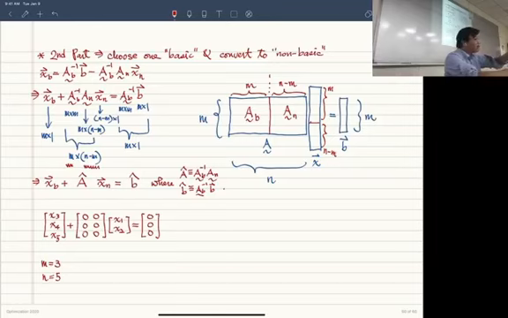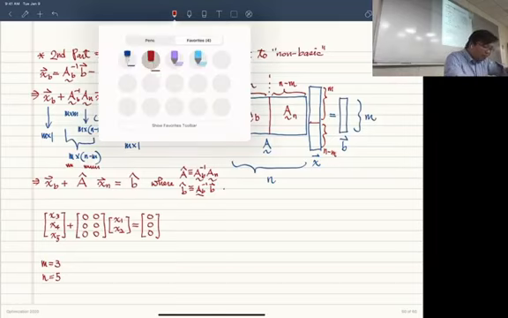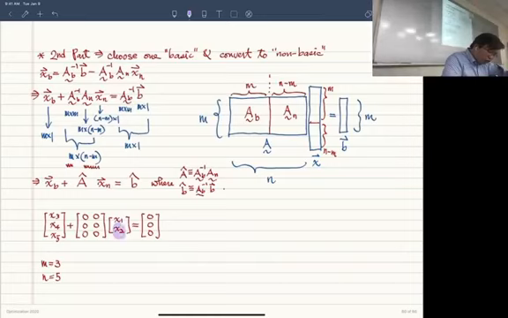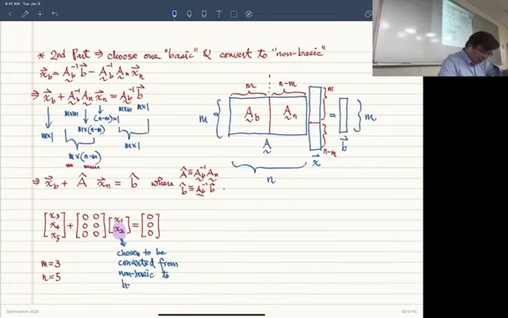Okay, and in the first part, we already said this x2 was chosen to be converted from non-basic to basic.